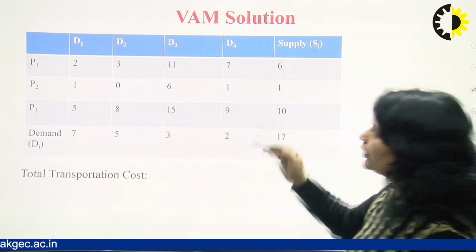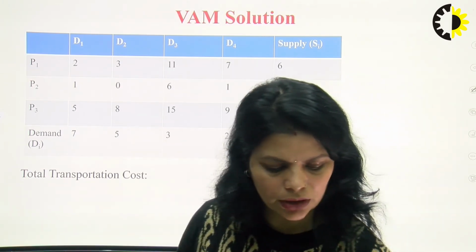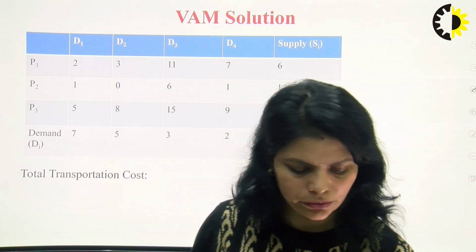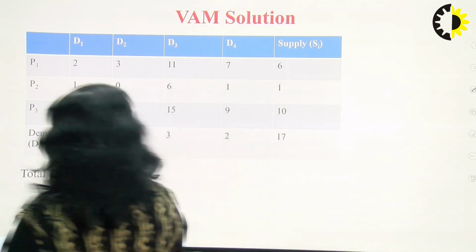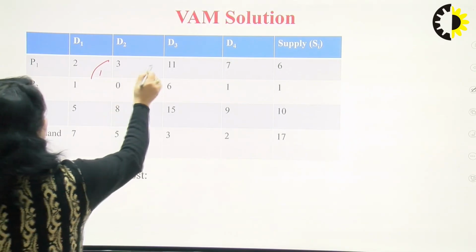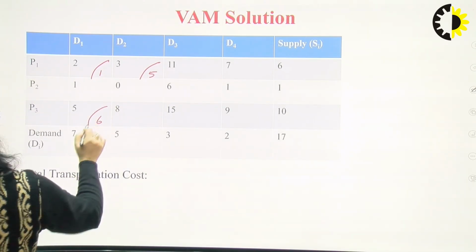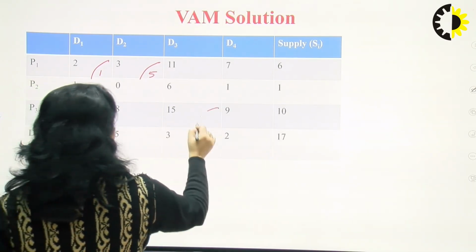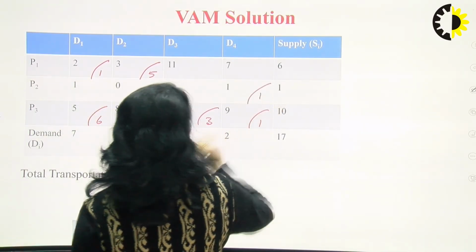After that we can find out the transportation cost. For finding out the transportation cost, now we have assigned these 1, 5, and this one was 6, this one was 3, and this one is 1 and this one is also 1.